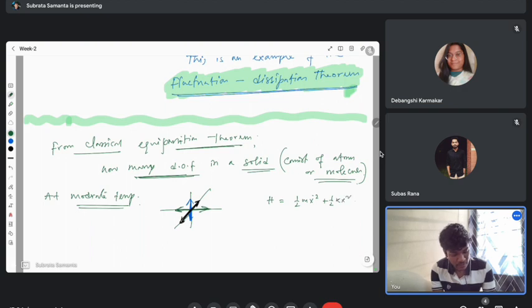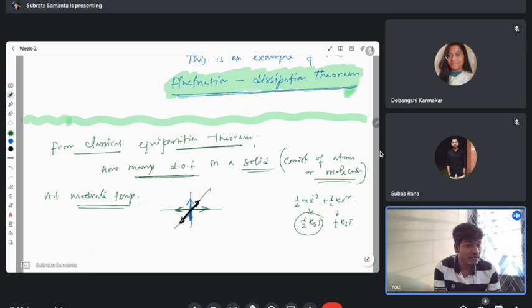Both give half kBT. We consider a spring, and the potential energy gives half kBT, and the vibrational motion gives another half kBT.